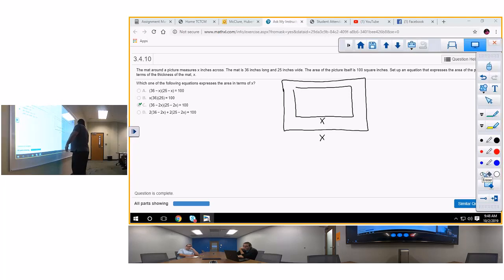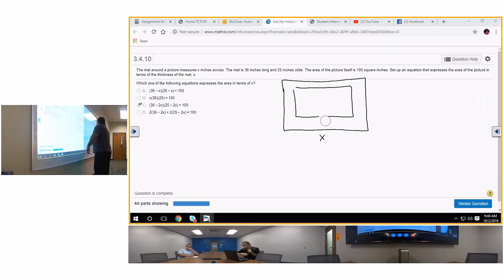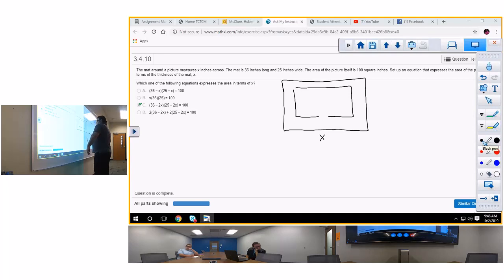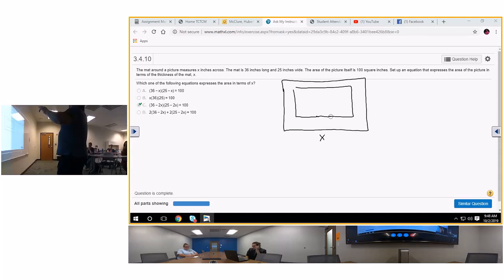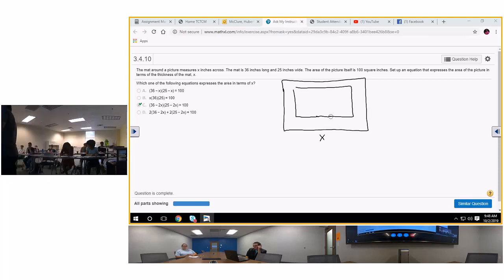I really don't like this question. This is a test question. Okay, wait a minute. The mat around the picture measures... okay, that's kind of confusing.